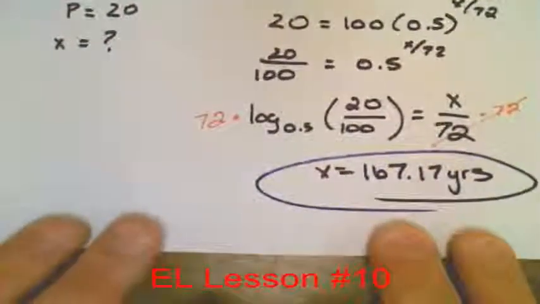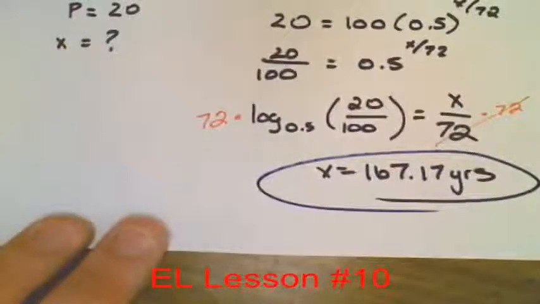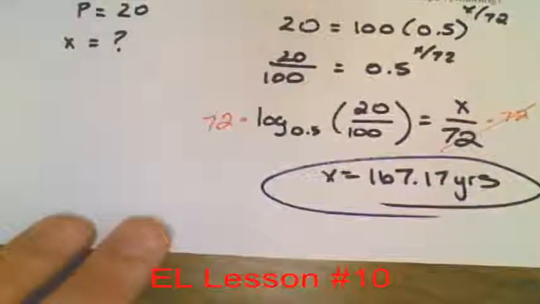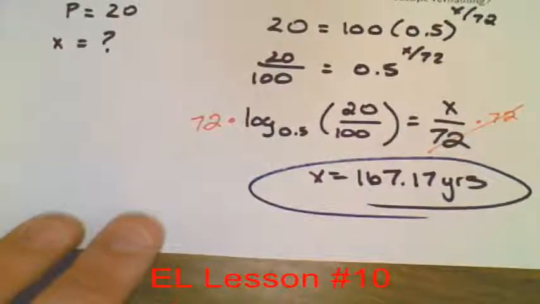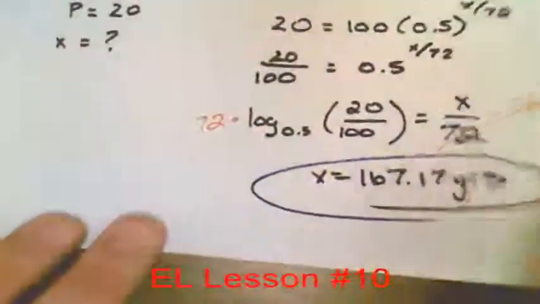Okay, I'm going to turn this back on to the other notations. So I'm going to get 72 times alpha log base. It's log base 0.5 of 20 over 100.